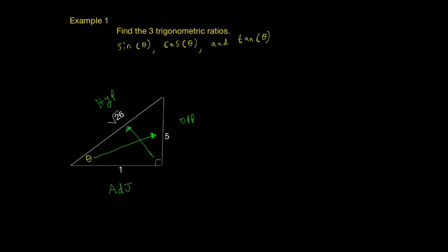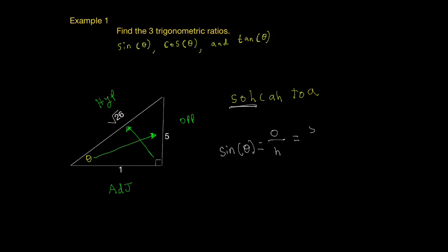So let's calculate sine of theta. So let's bring out SOHCAHTOA. And SOH, that's sine. So sine of theta is going to be the opposite over the hypotenuse. And here my opposite side is 5. My hypotenuse is root 26.